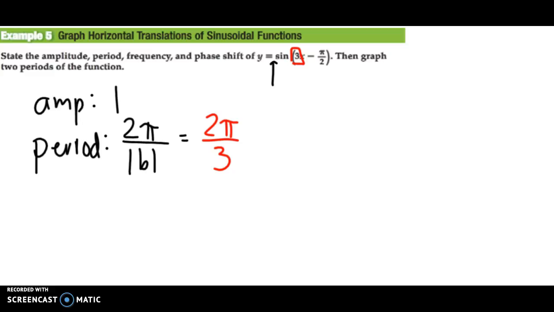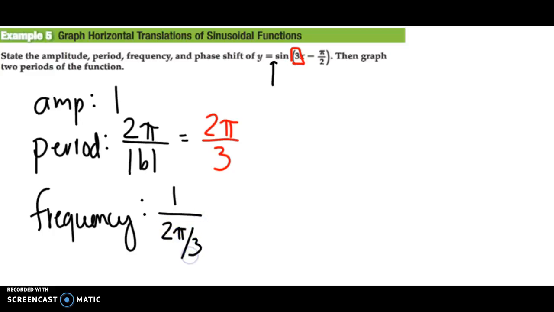Then we're looking for the frequency. Frequency was 1 over the period, which in our case was 2 pi over 3. Anytime you divide by a fraction, you multiply by the reciprocal, so my frequency is 3 over 2 pi.